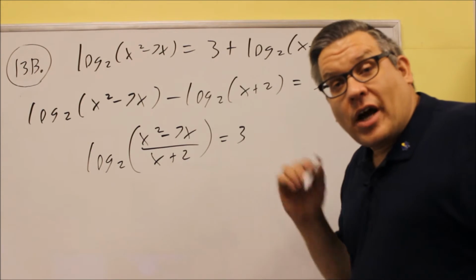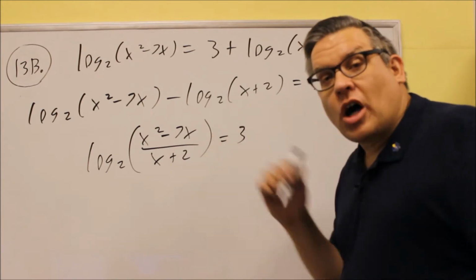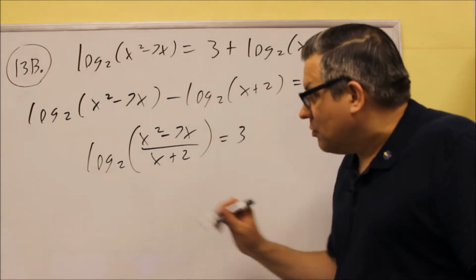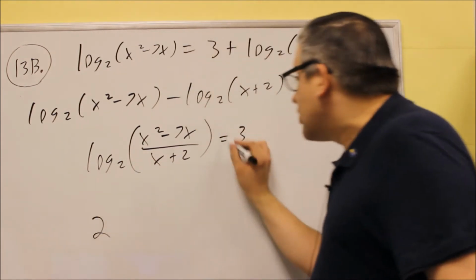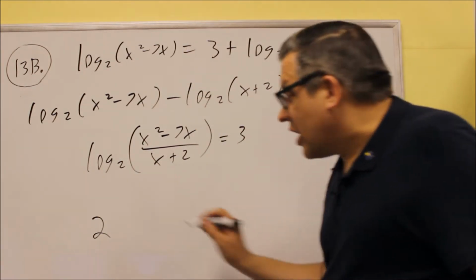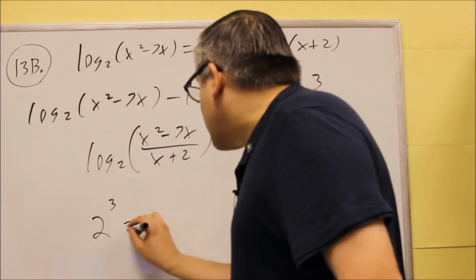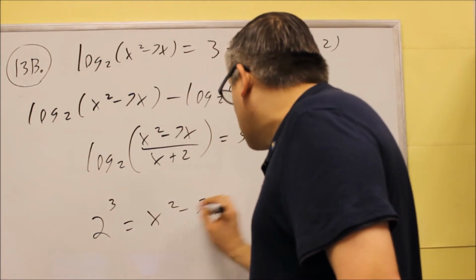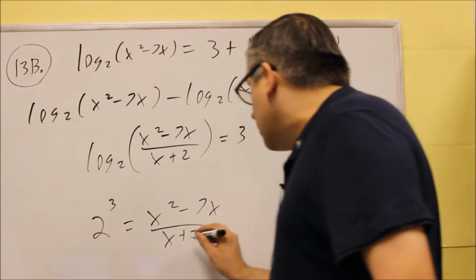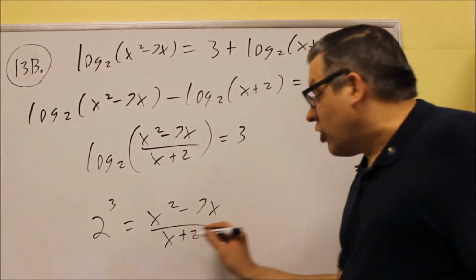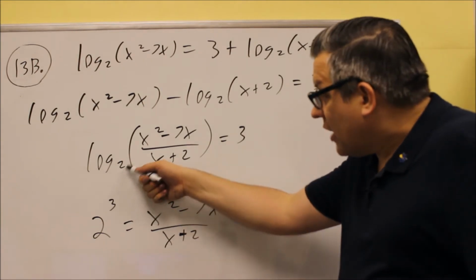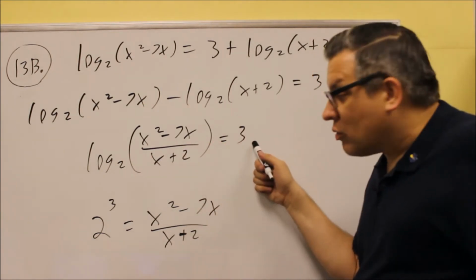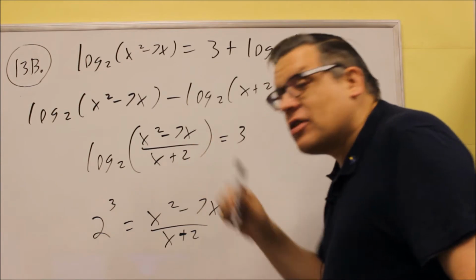So you want to get it down to this point where you have a single log there. So now we're going to change this from log form into exponential. You do that by taking the base, which is 2, you're going to raise it to the number after the equal sign, so 2 to the third. That's going to equal x squared minus 7x over x plus 2. So again, to change it from log form to exponential, you just take the base, raise it to the number after the equal sign, and that will equal whatever you have inside here.